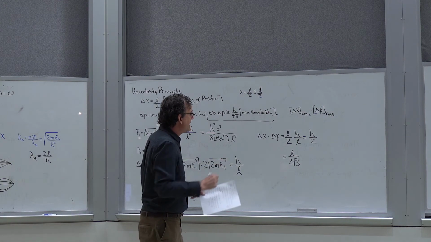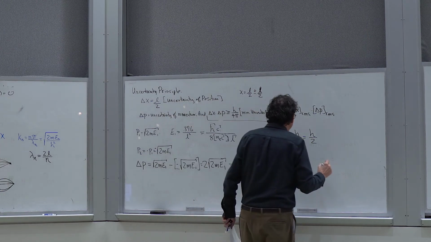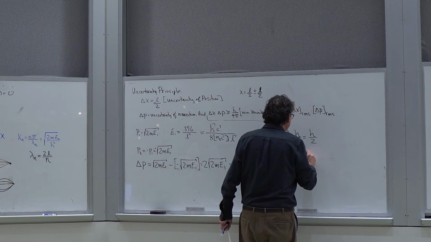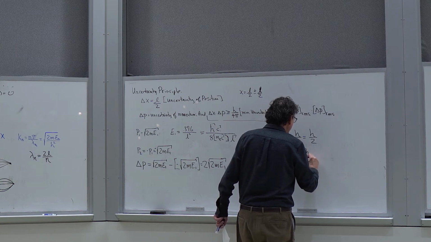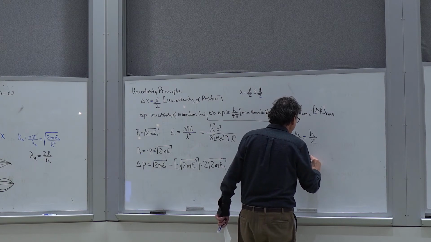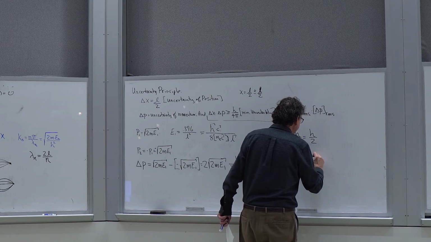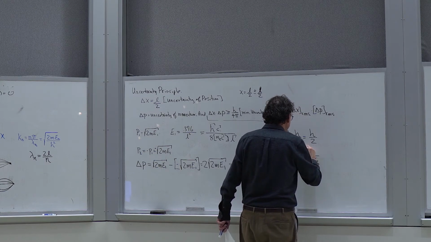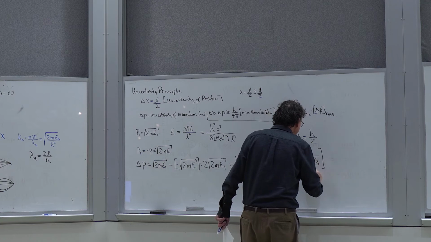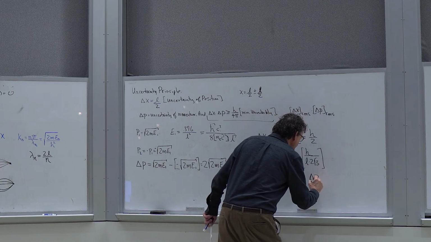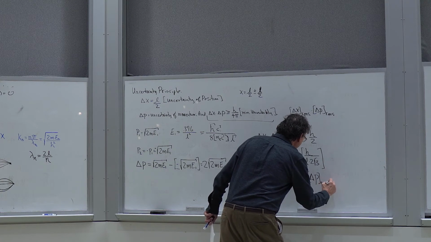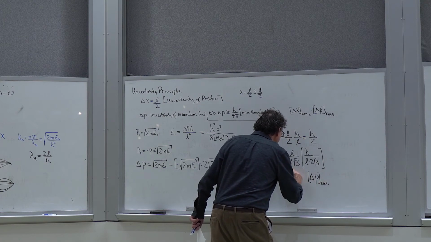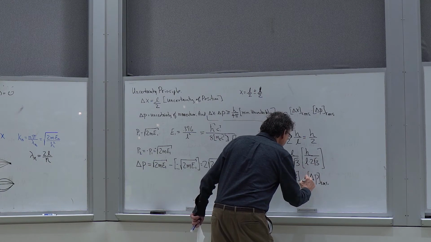But the RMS of that is 2 times the square root of 3 smaller also. So this becomes H over L times 2 times the square root of 3. And this is the delta P RMS, or delta P of the standard deviation. And this is the delta X, the uncertainty in the position, by its RMS position.